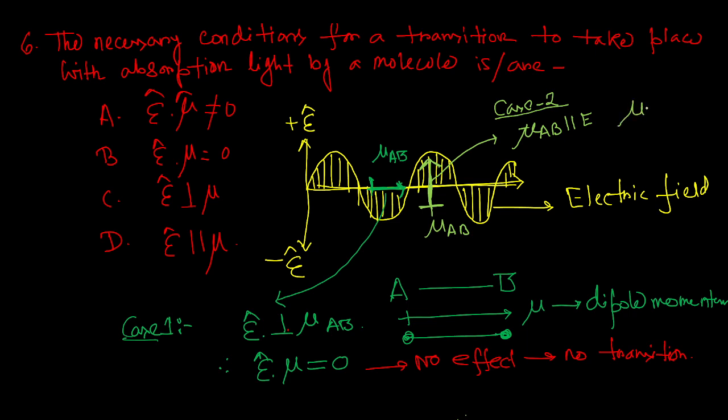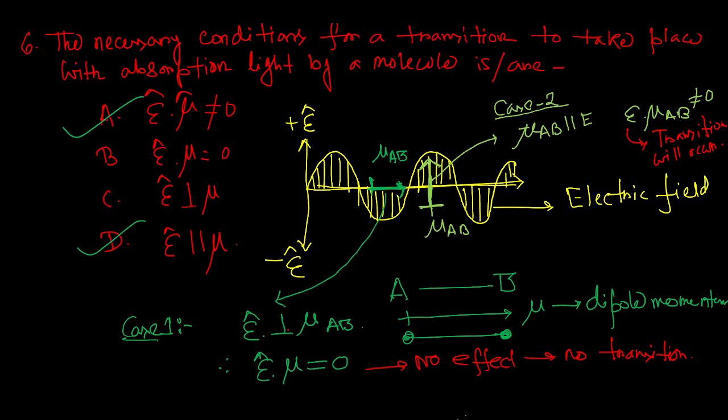So if you take mu AB dot E, or E dot mu AB, anyway, in vectors A dot B or B dot A is the same, so that value will not be 0. So in that case transition will occur. So this case and this case, A and D, are the correct options.